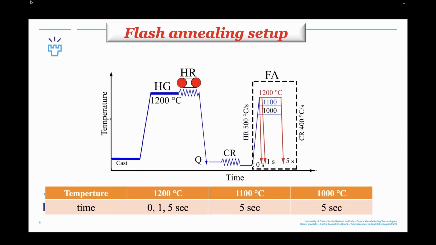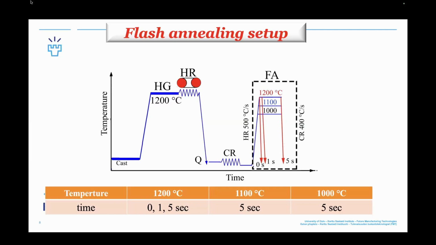We have the cast material of the steel, and of course we applied homogenization at 1200 for 4 hours, then roughing and hot rolling, and then heavy cold rolling of about 80%. Then we applied flash annealing at different temperatures.